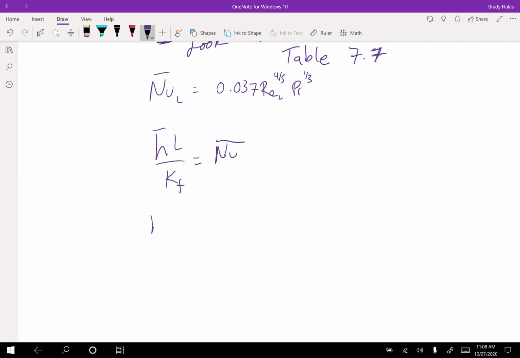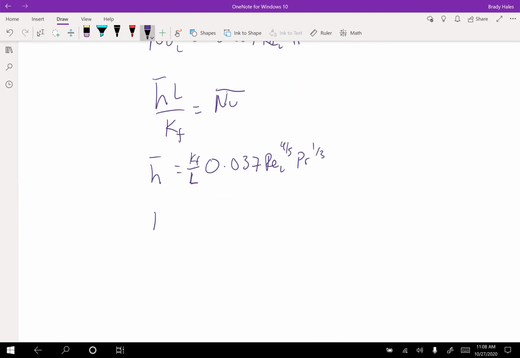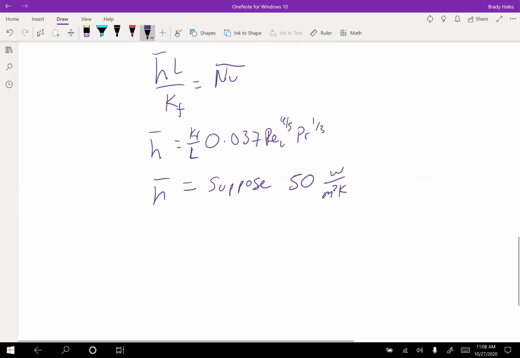So h bar is equal to 0.037 Reynolds to the 4/5, Prandtl to the 1/3, and I'm going to add k of the fluid here and L of the plate, right? So you're going to calculate this h bar, and then suppose you get 50, and that's watts per meter squared Kelvin.